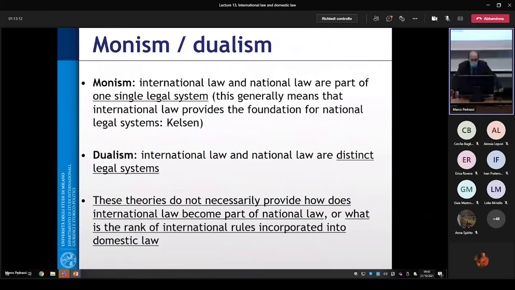Now, it is true that you have two different approaches of states, and also of experts, to the relationship between the international legal system and the national legal system.